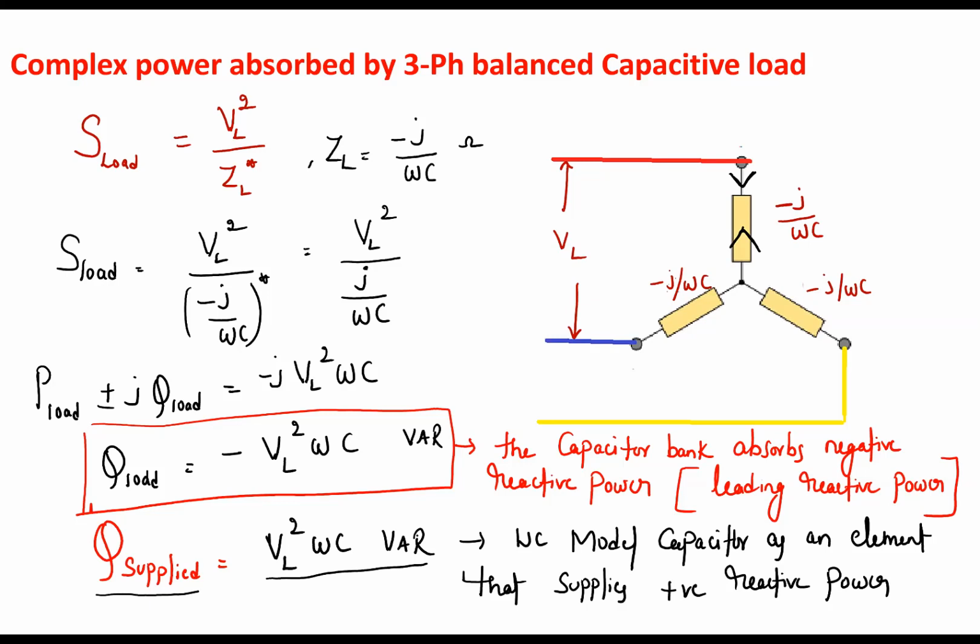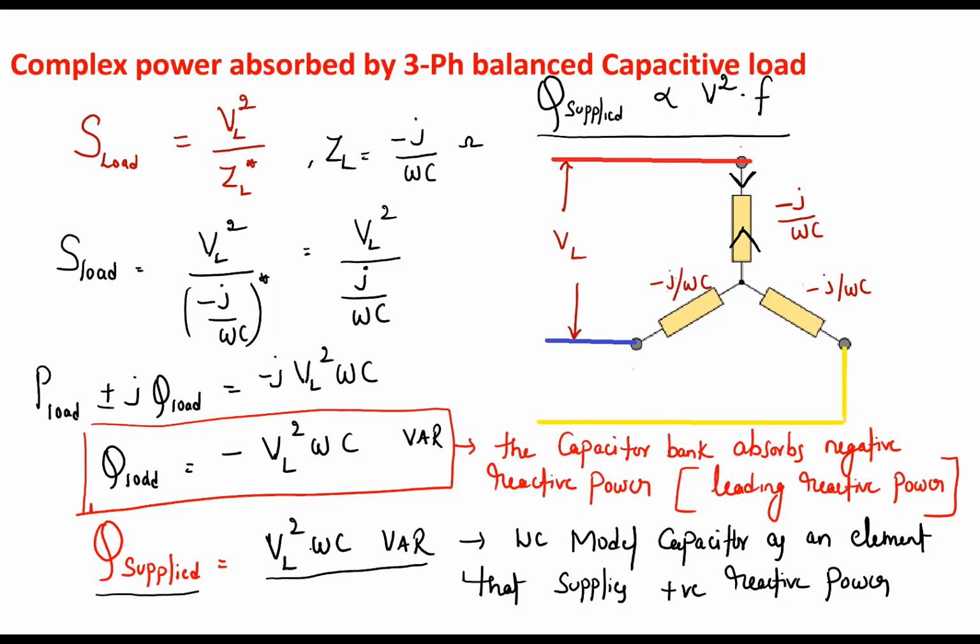So reactive power supplied by the star-connected capacitor bank, which has a capacitance per phase of C, is given by VL square omega C, where VL is the line-to-line voltage across the bank and C is the capacitance per phase. One more thing: the reactive power supplied by a capacitor bank is directly proportional to the square of the voltage across it and directly proportional to the frequency, because the omega term is in the numerator.